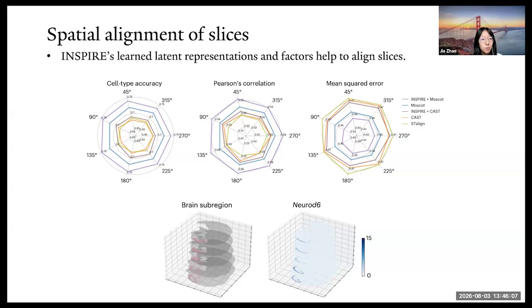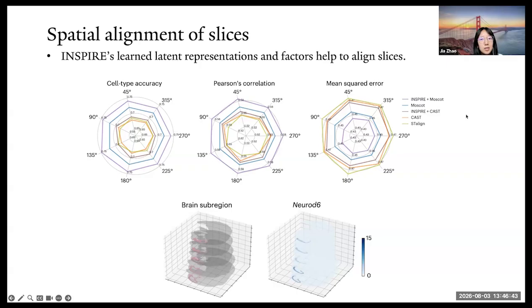Here, we want to show that our interpretable method not only achieves interpretability, but the interpretable representation is also really good for other downstream analyses. As shown in this figure, there are different parallel sections. The whole aim of the study is to reconstruct the 3D structure of the tissue and to understand it in the 3D world.